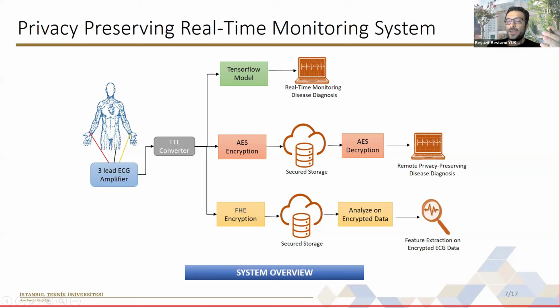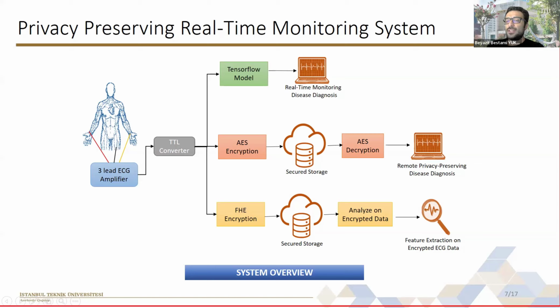And finally, we have cloud storage. Once the data is processed, it's encrypted and stored securely in the cloud to protect privacy. We use strong encryption protocols like AES or fully homomorphic encryption to ensure the data stays safe and confidential.